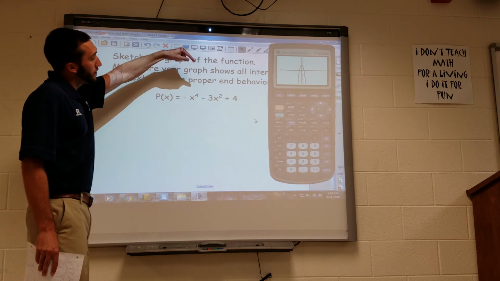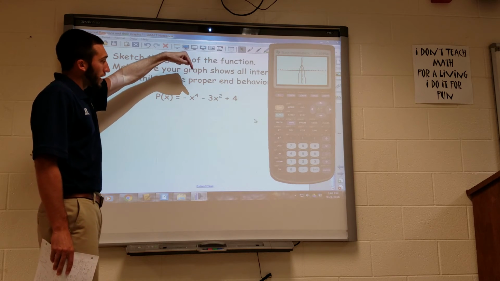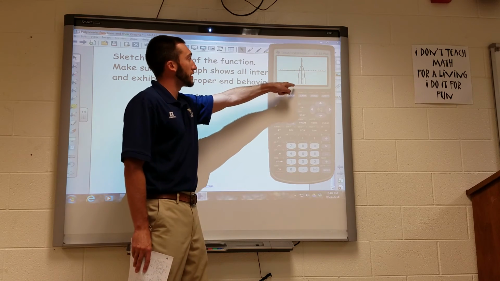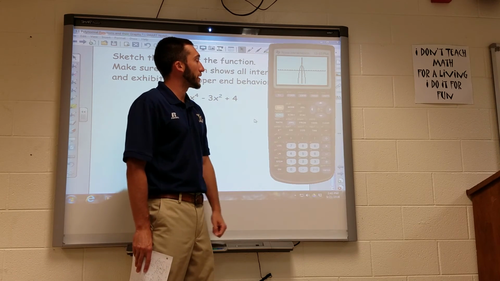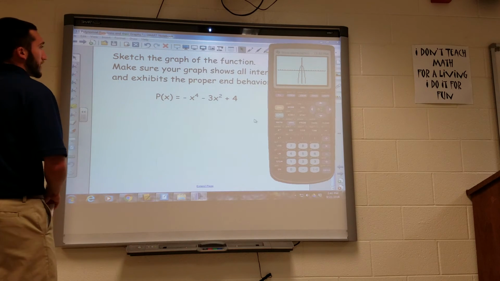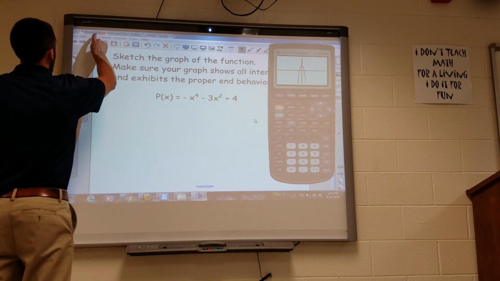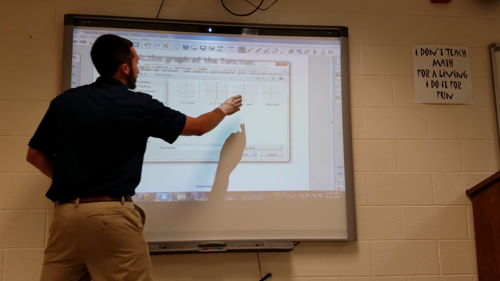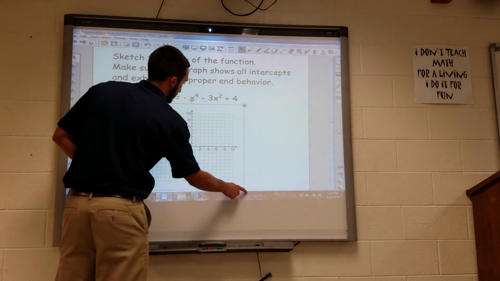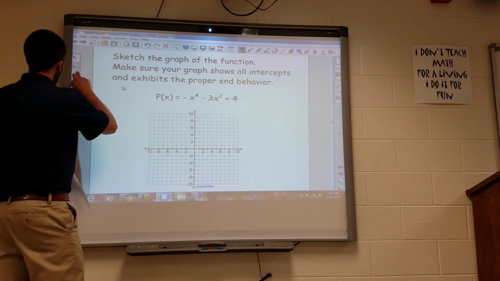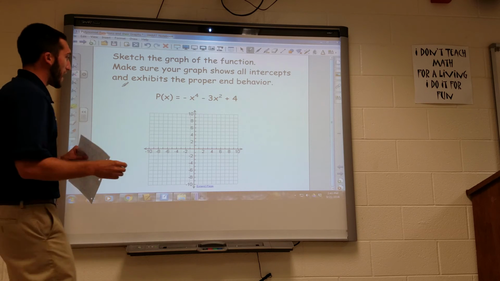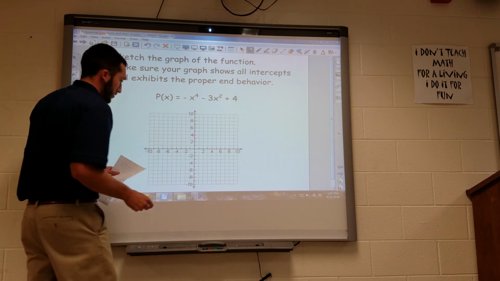So here we have an even degree, right? And we negated it, so that's why my left is going to negative infinity and my right is going to negative infinity. So falling to the left, falling to the right, and then let's just plot a couple points. If you look at your table, you'll see the y-intercept is at 4.